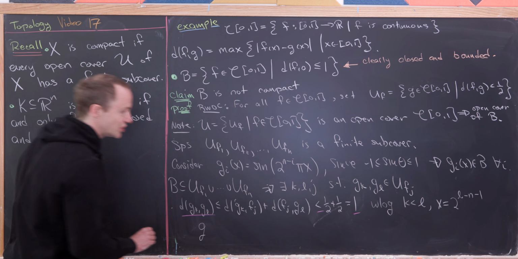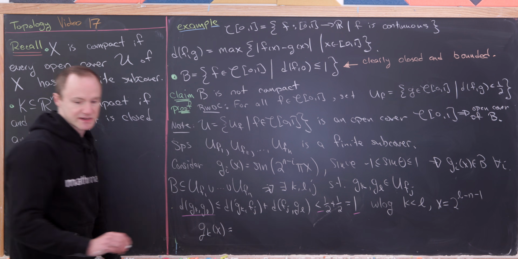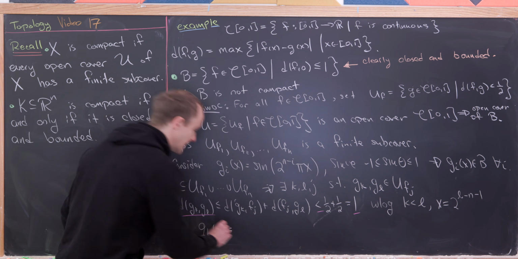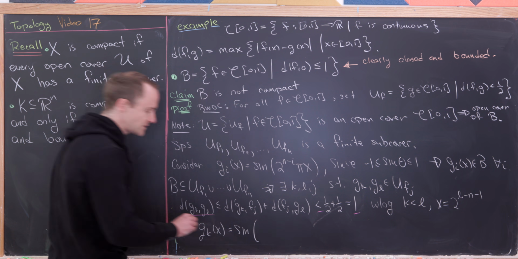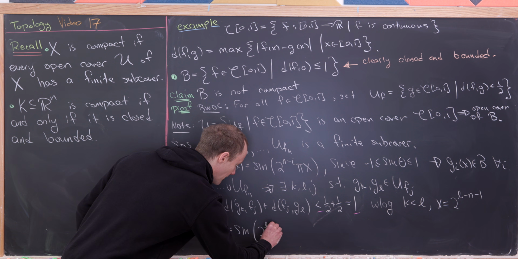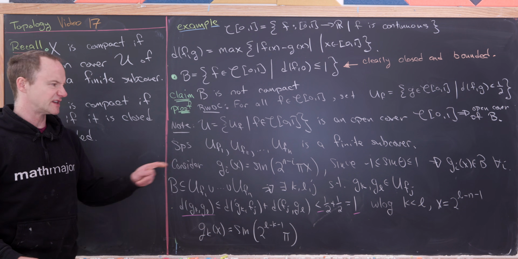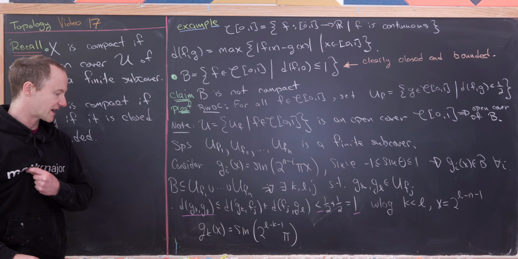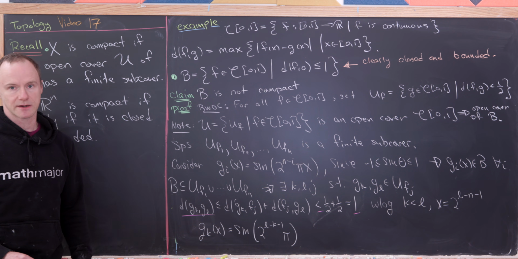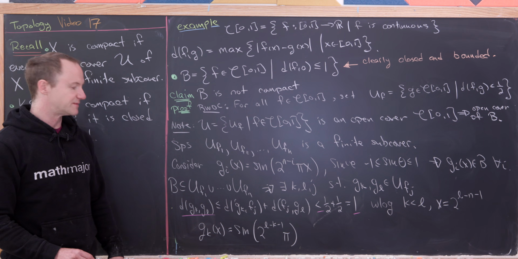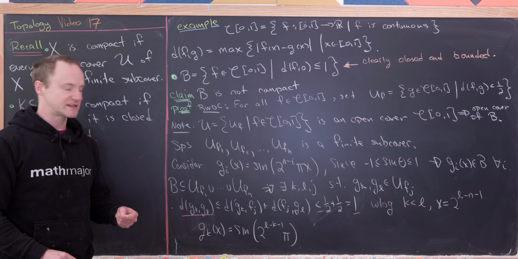Let's look at g_k of x. Notice that g_k of x is going to be equal to the sine of 2 to the l minus k minus 1 times pi. That's just inserting that value of x into our function g_k, which is defined like this right here. Since l is bigger than k, this power of 2 is bigger than or equal to 0.